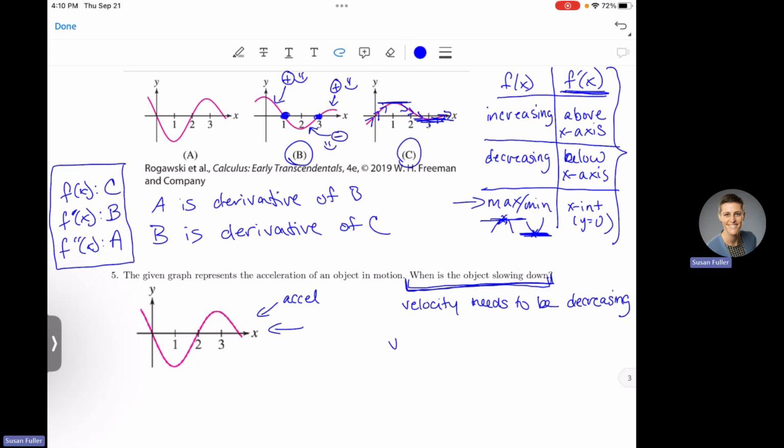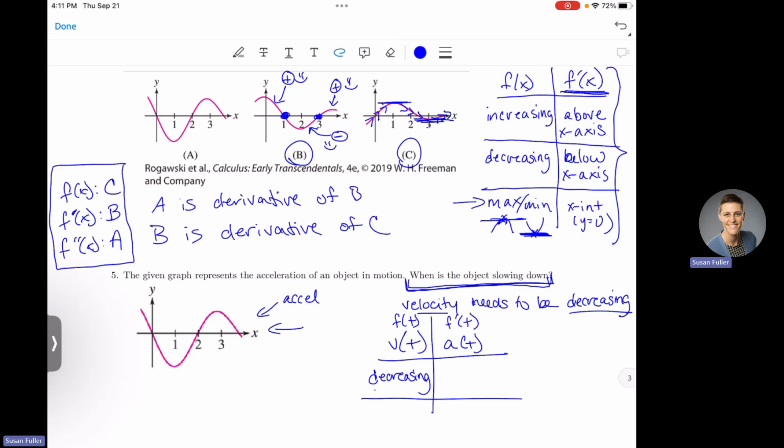So basically, v of t is like my original function, and acceleration, which is the one that I have, is my derivative. And I know that my velocity needs to be decreasing. So if I'm decreasing on my velocity graph, what do I need to be doing on my acceleration graph? Well, acceleration is the slope or the derivative of velocity.